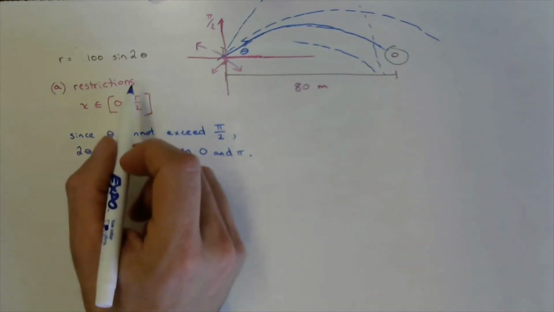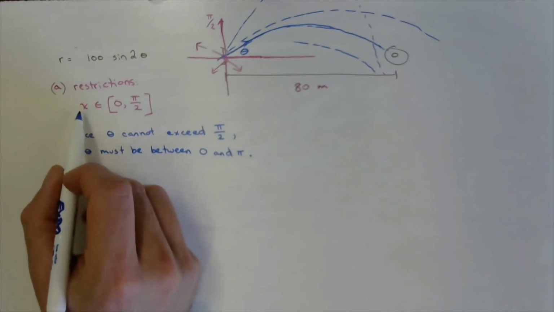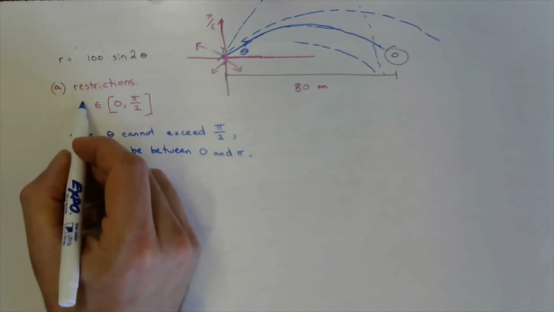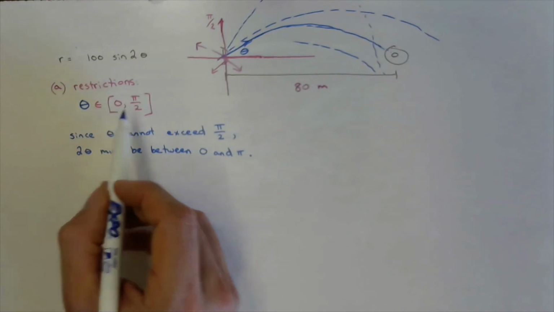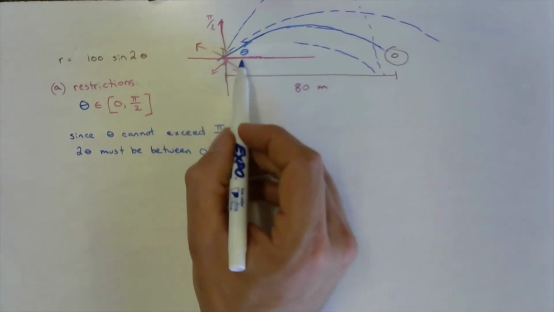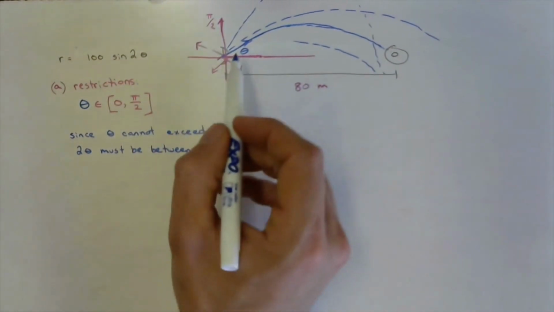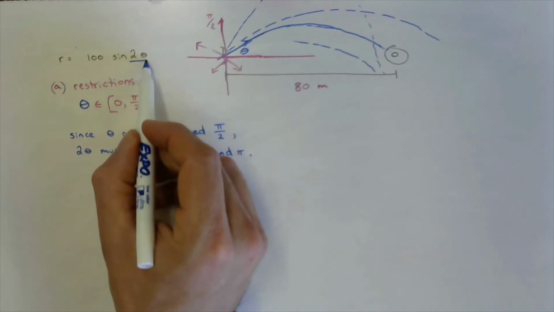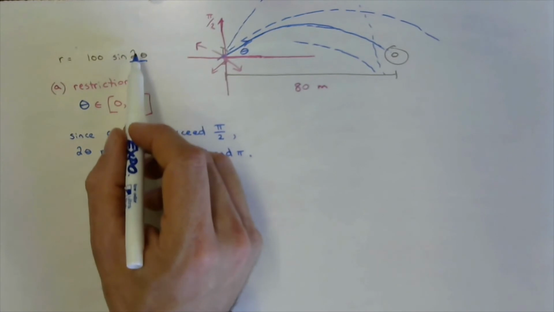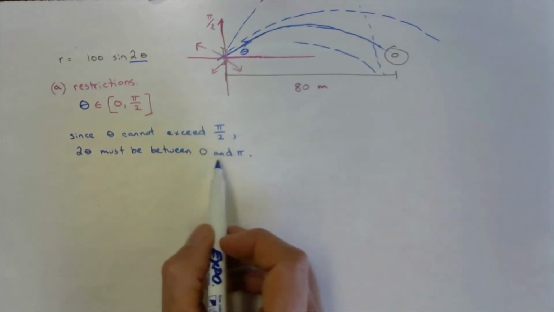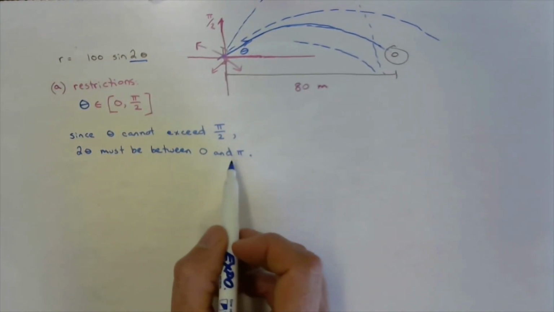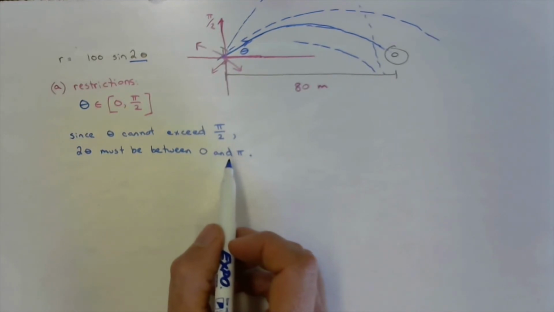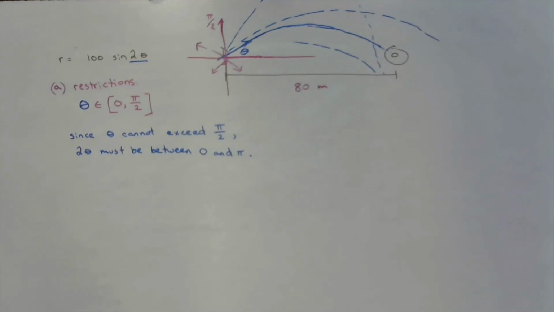I made a slight typo here. I called it x, but we're actually dealing with theta. So theta, this angle of release, has to be between 0 and pi over 2, 0 and 90 degrees, which means in our equation, the angle that we're dealing with is 2 theta. It's going to be somewhere between 0 and 180. And hopefully that logic makes some sense. So that's our restriction.